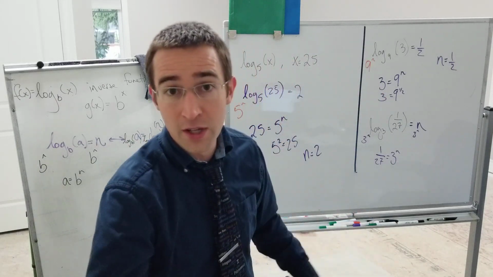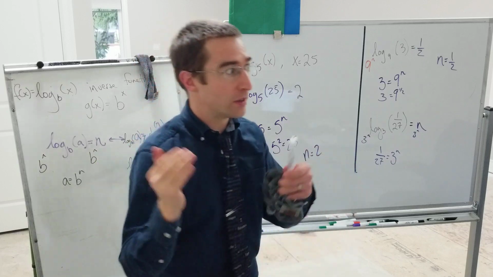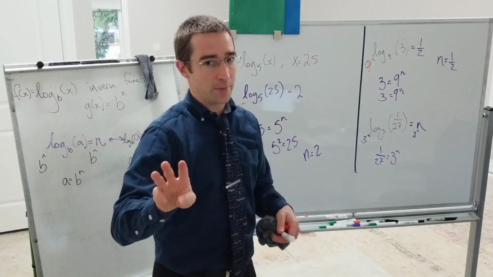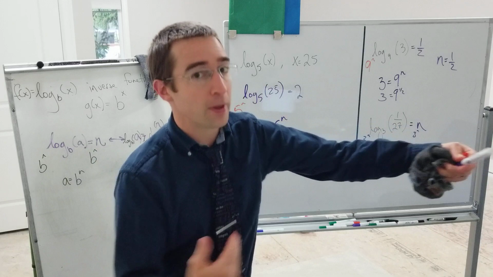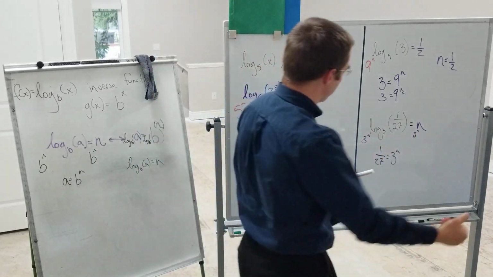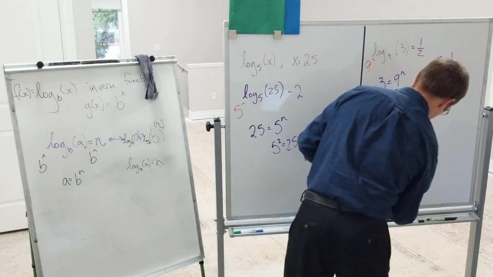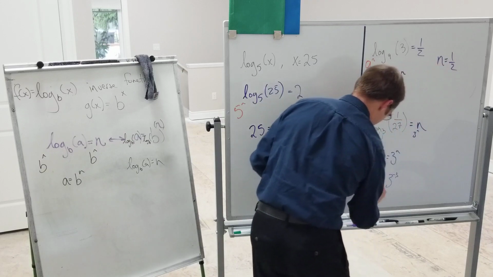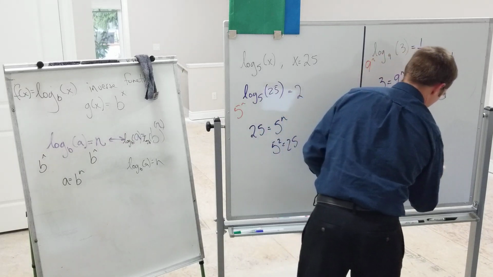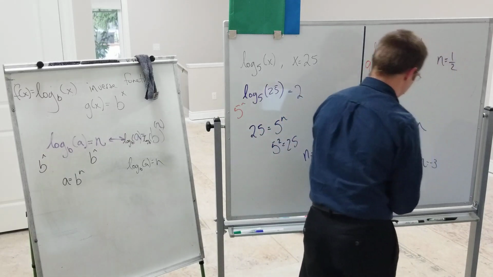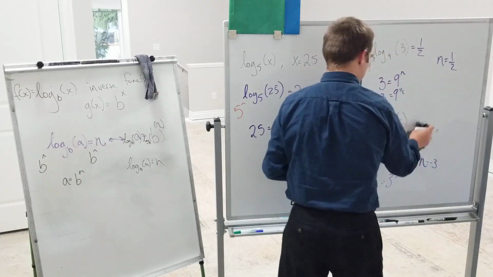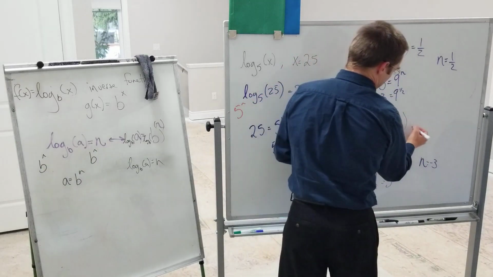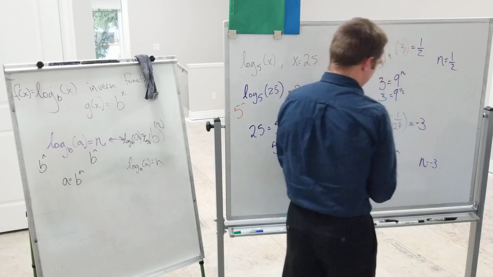It's 3 to the third. But because it's in the denominator, we're dividing by 3 three times. So remember, positive exponents mean multiply, negative exponents mean divide. So 3 to the negative 3 is 1 over 27. So n equals negative 3, or we could simply say log base 3 of 1 over 27 equals negative 3.